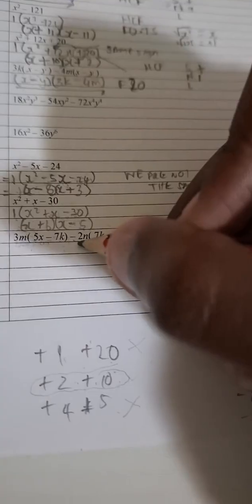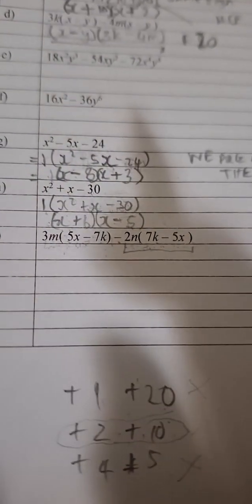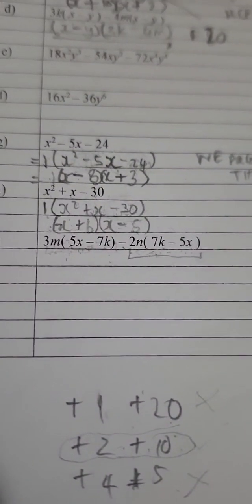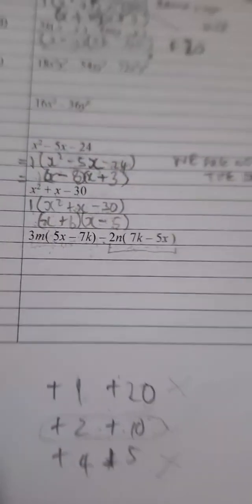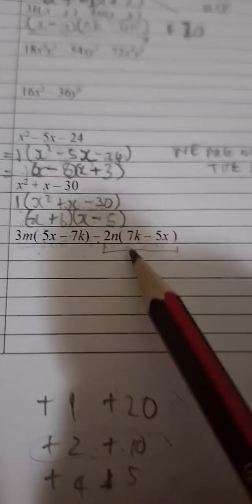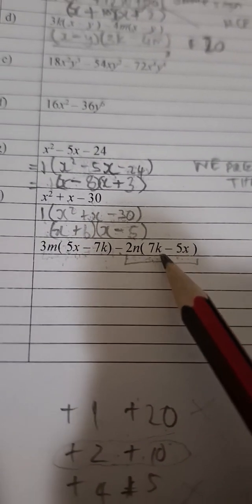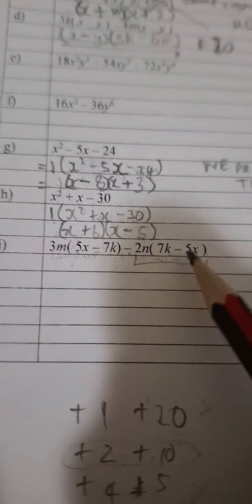So what we are going to do now is come to this second term and apply something called the sign change rule. I call it the SCR, the sign change rule. Why are we going to do that? It's because we want to make a way for us to have common brackets, because we currently don't.